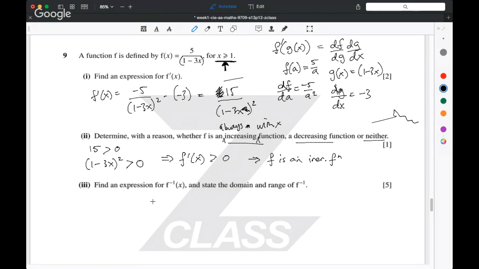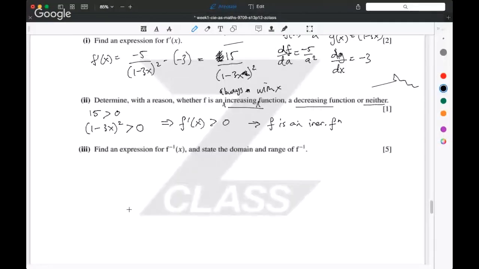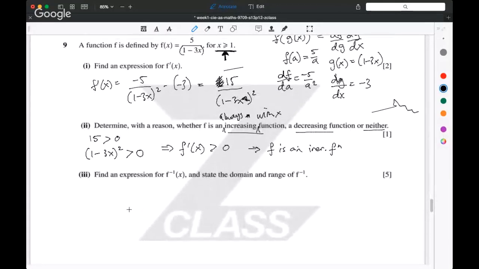Now they want the inverse function. So the technique for this is rearrange and then substitute. So I'm going to call my f of x, which is 5 on 1 minus 3x, y, just for ease.